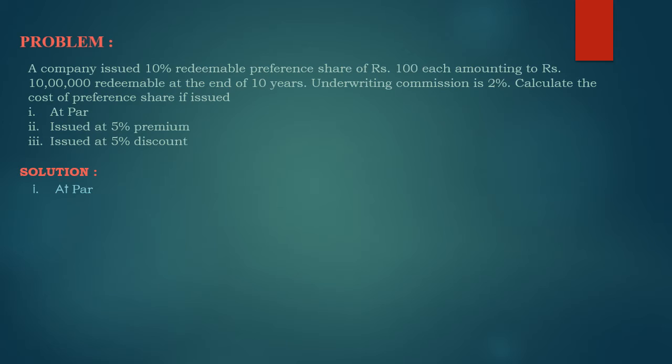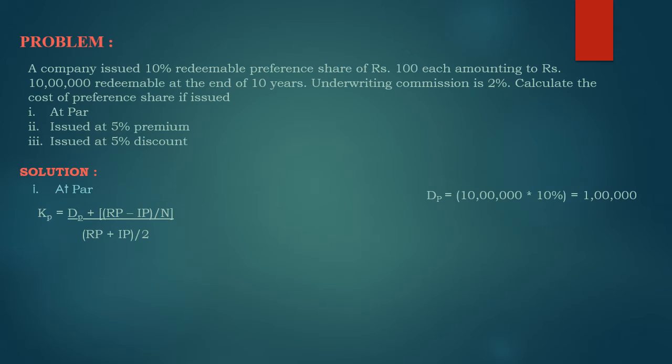First, I will calculate the cost of this redeemable preference share for the first situation, when it is issued at par. So this is the formula. By this formula, we can easily calculate this. First of all, we will calculate DP.